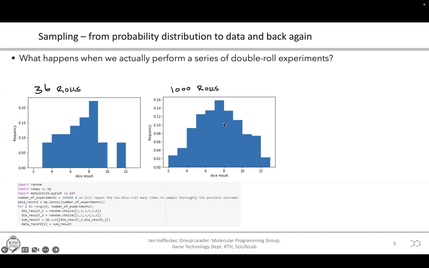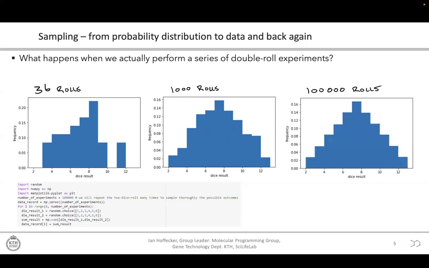the most likely result. And the more we do these experiments, the more likely events are going to occur more frequently as well. And then if we go all the way up to 100,000 rolls, now we see almost perfectly symmetric distribution that has a very similar shape to the one we mapped out.